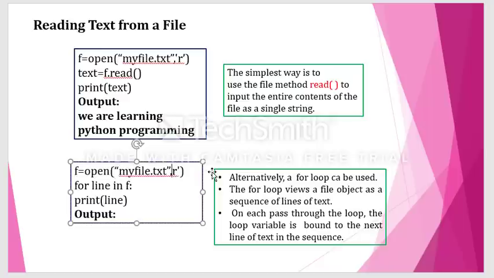That means in r mode, read mode, we are trying to open the file. Then what I am doing is for line in f. So now after we open the file, where is its reference? It is in f. So here, for line in f, where line is a variable. Okay, we can put x also here. So for line in f. Okay, we need to refer to f, the file pointer. Print line, that means each and every character from the text file will be automatically read into the line variable.